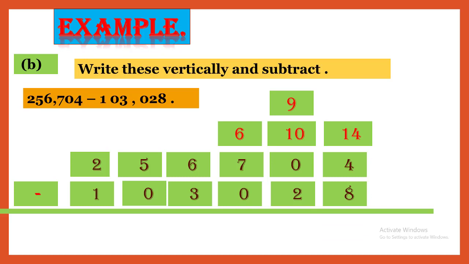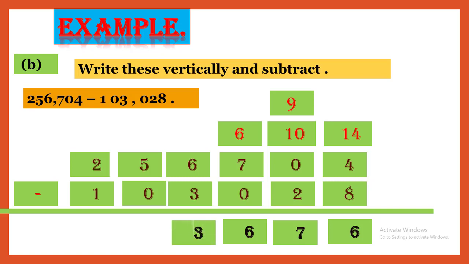So 14 minus 8 will be 6, and then look at the next column. 9 minus 2 will be 7. Look at the next column. 6 minus 0 is equal to 6. Look at next column. 6 minus 3 is equal to 3. Look at next column. 5 minus 0 is equal to 5.